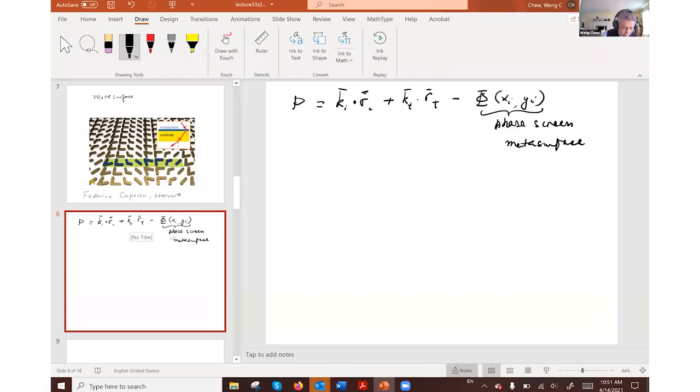And so what you have is something rather interesting: you have a light ray that comes in with Ki, but then there is a phase screen that causes the light ray to add an additional phase due to where the light ray is hitting that surface.